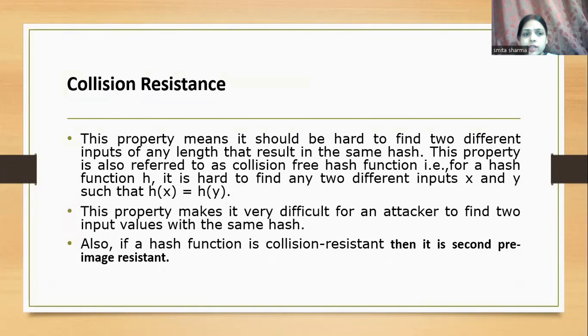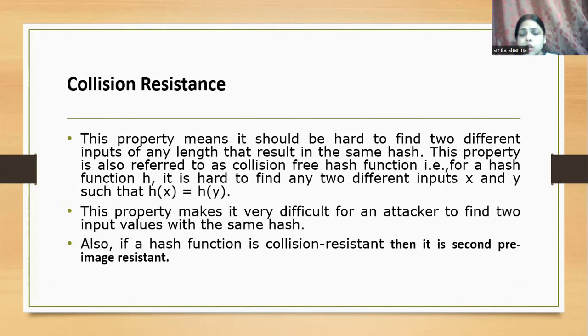Next is collision resistance. It means it should be hard to find two different inputs of any length that result in the same hash. This property is also referred to as collision-free hash function. That is, for a hash function h, it is hard to find any two different inputs x and y such that h(x) is equal to h(y).